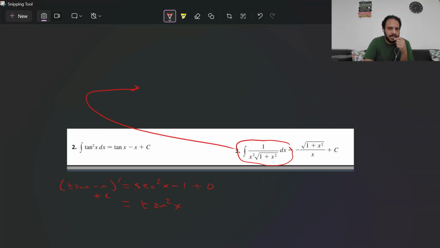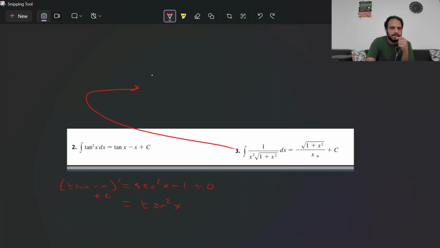The integral of this equals this. The question tells you to differentiate the answer to verify that the solution is correct. If you differentiate and you get what is inside here, then your result is correct. See the first part: when we differentiated this, we got tan squared, right? Same idea.